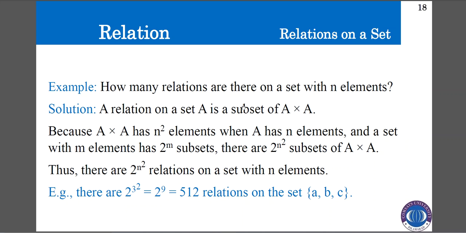For example, if a set contains 3 elements, the total number of relations on the set will be 512.